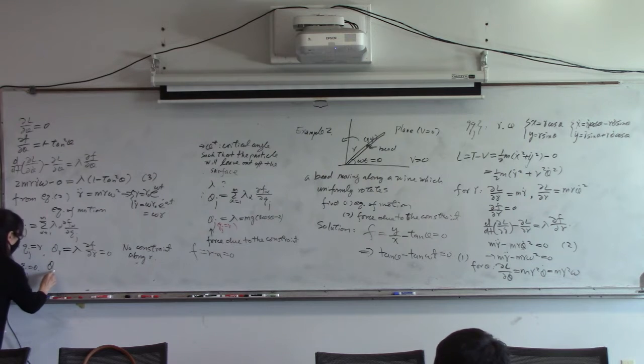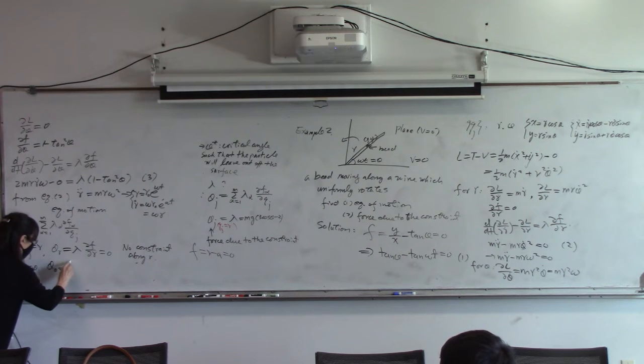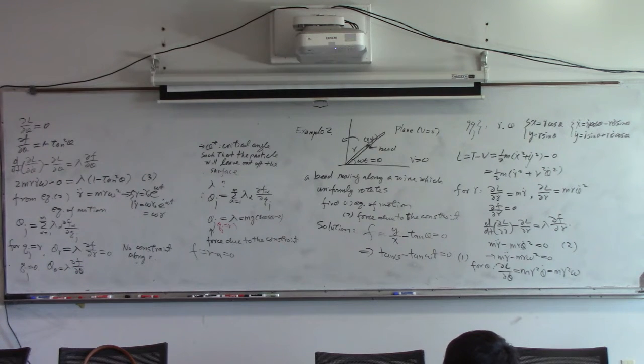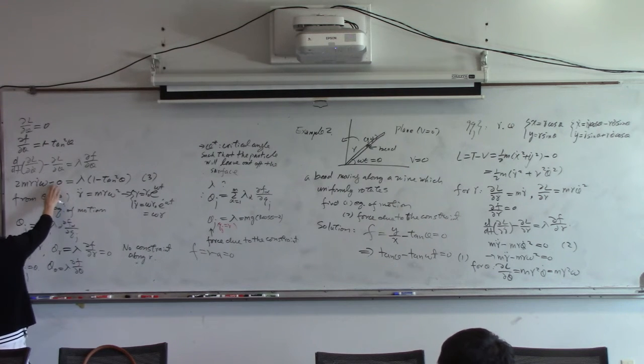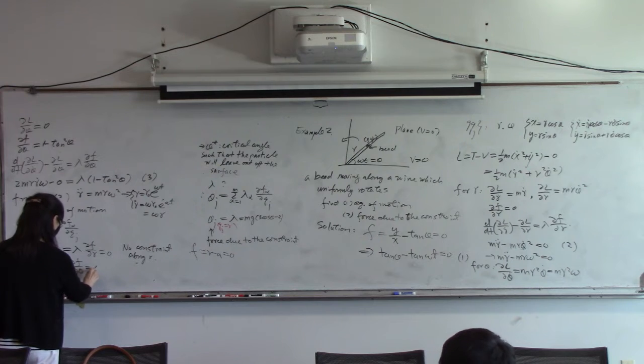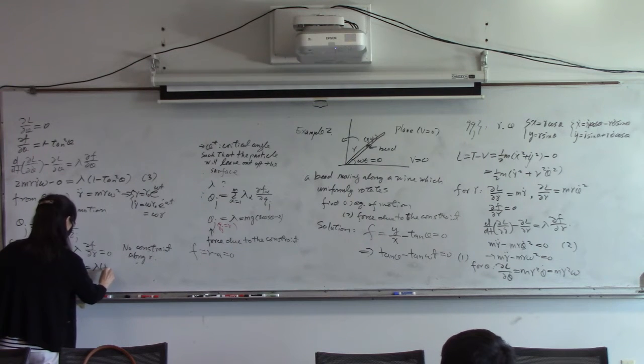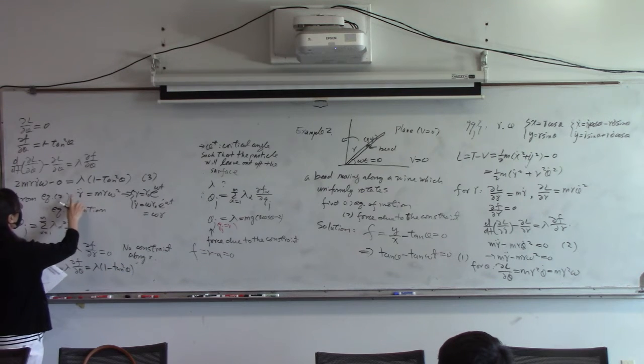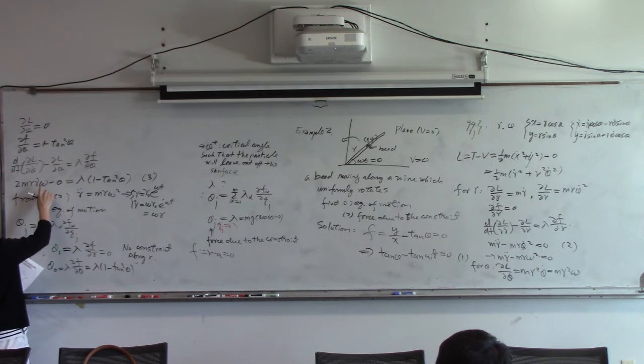So Qj is capital Q theta, which is lambda partial f partial theta. Did I solve this lambda? I have not solved lambda, right? Actually, this is a lambda. First, it is lambda times 1 minus tangent square theta, because partial f is this one.